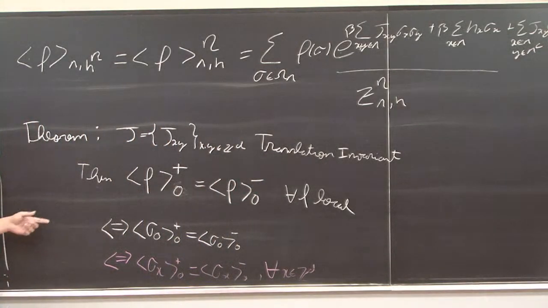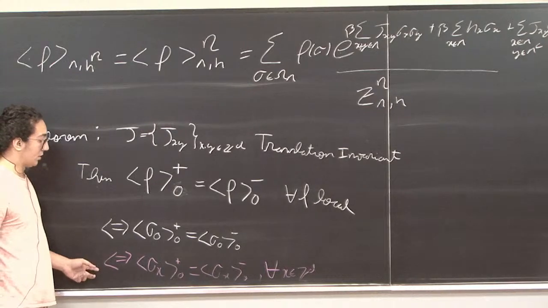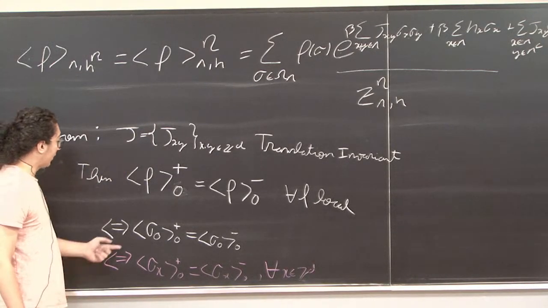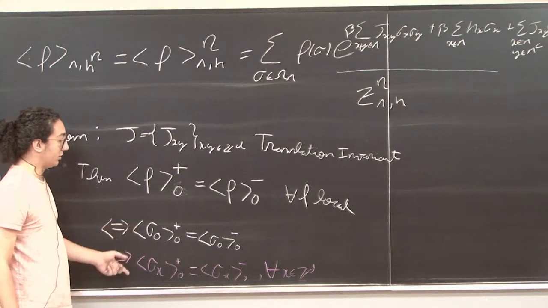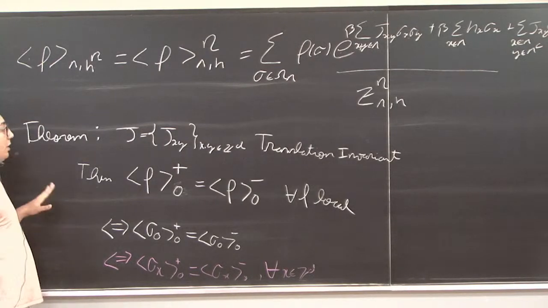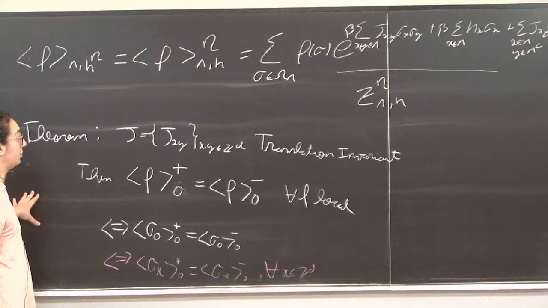You actually proved that this happens if and only if this happens. But because the system is translation invariant, the second and the third equations are equivalent. And the goal of this class is to prove a theorem that's a little bit stronger than this, but more restrictive.